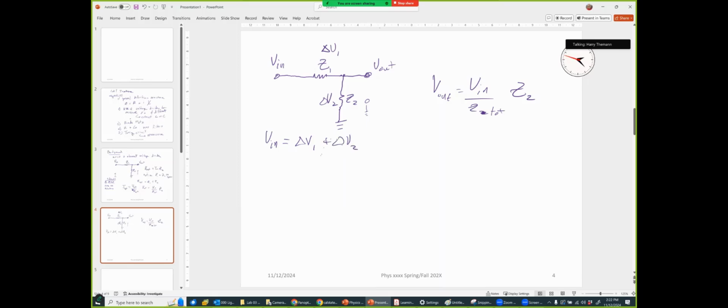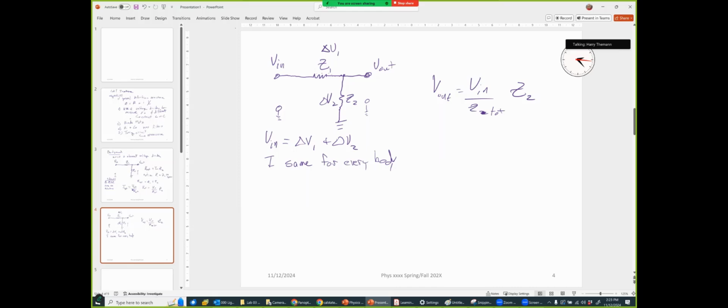And we also know that I is the same for everybody in a series circuit. So V in, if we're measuring this, remember that's going to ground here. That's simply the power supply.